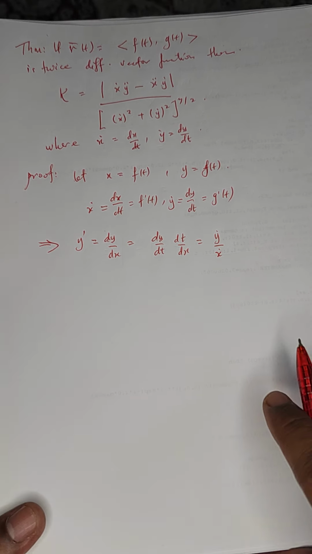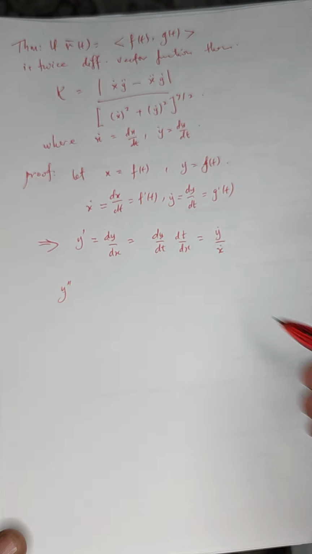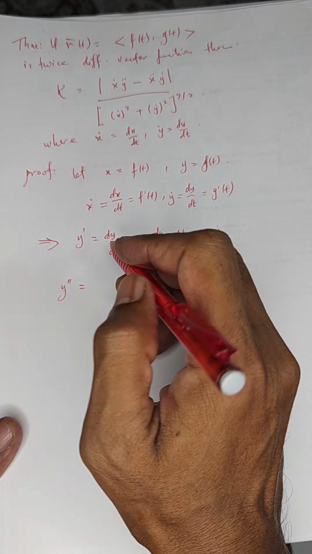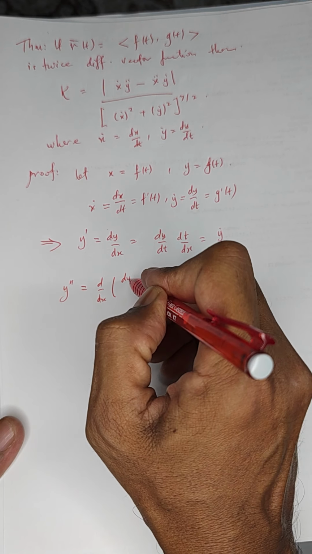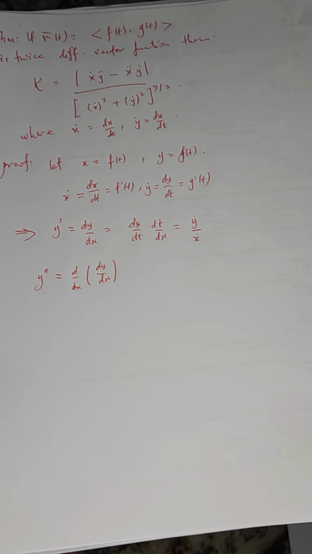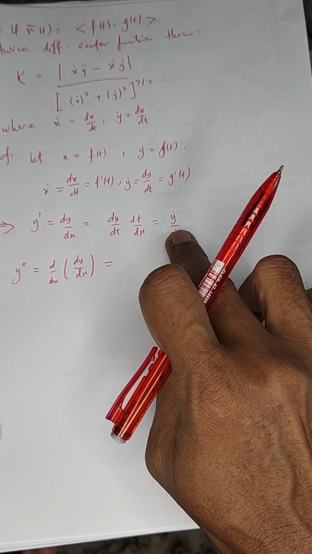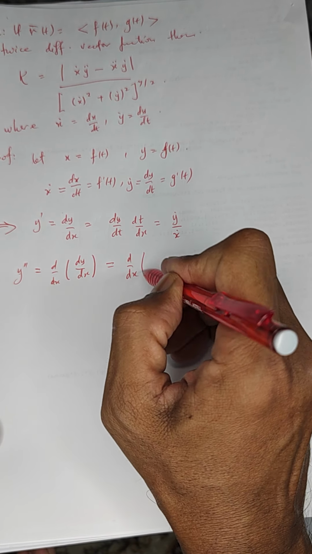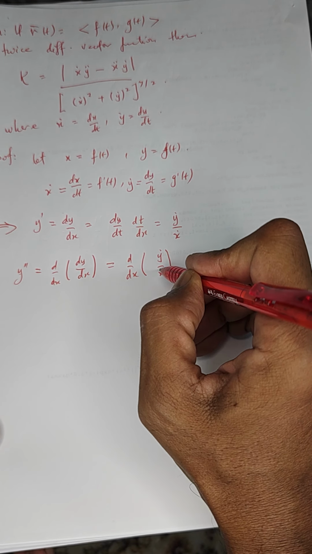Okay, from there you need to find y double prime. So y double prime, we differentiate d/dx of dy/dx, which means I have to differentiate y dot over x dot.